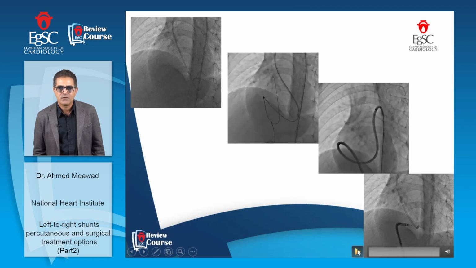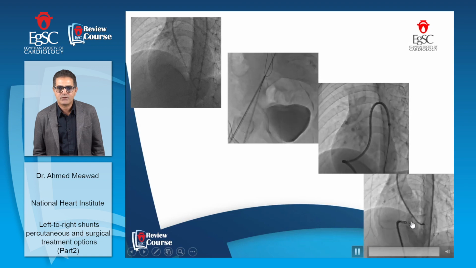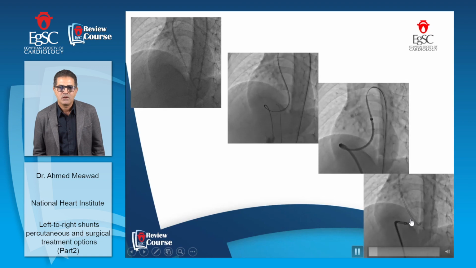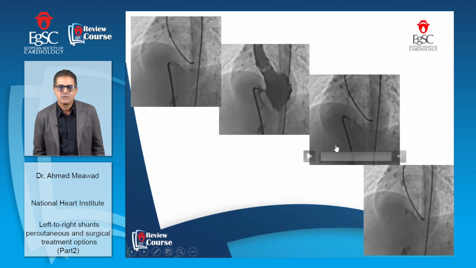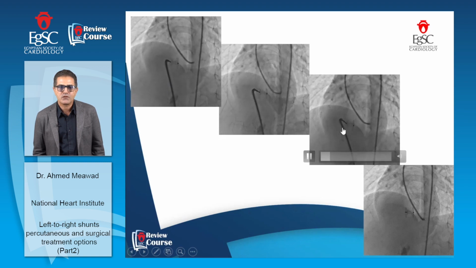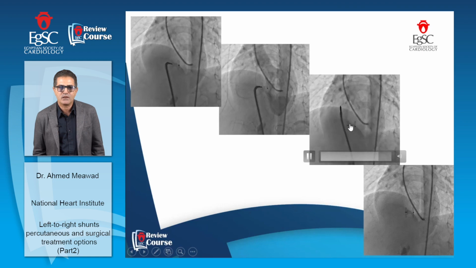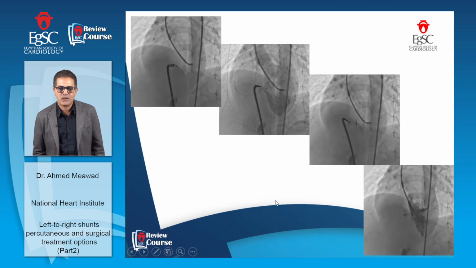After that, we introduce the left ventricular disc first at the left ventricle, and then do an angiogram to be sure that the device is in position. Open the right disc and disconnect the device when we are sure that the defect is totally closed and not interfering with any of the nearby structures.